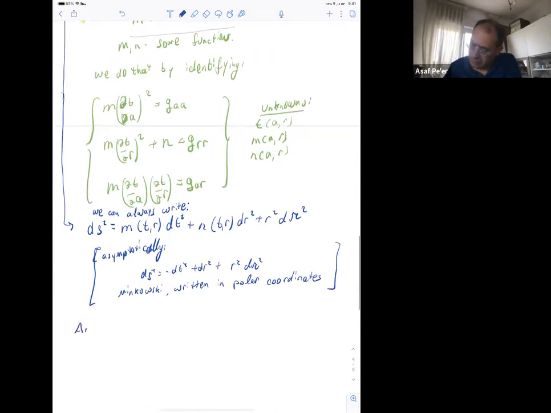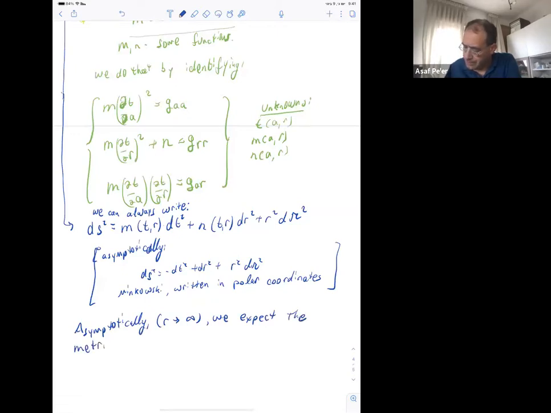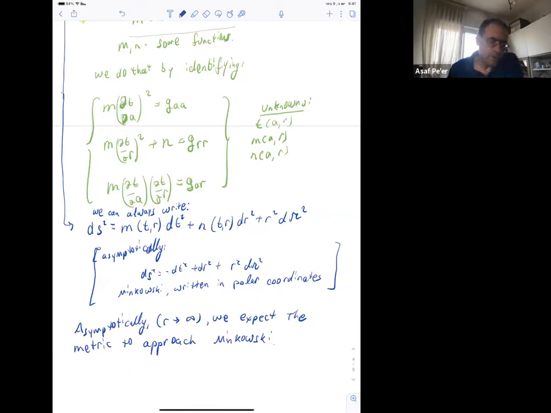Now, asymptotically, namely when r goes to infinity, we expect or demand the metric to approach Minkowski. Minkowski means it must have a negative sign with t and three positive signs.